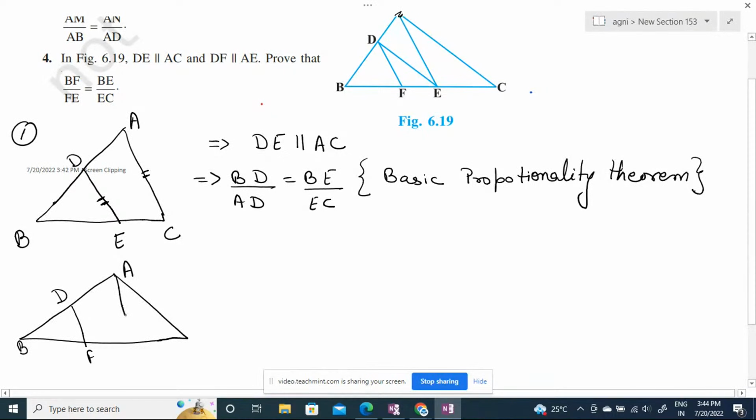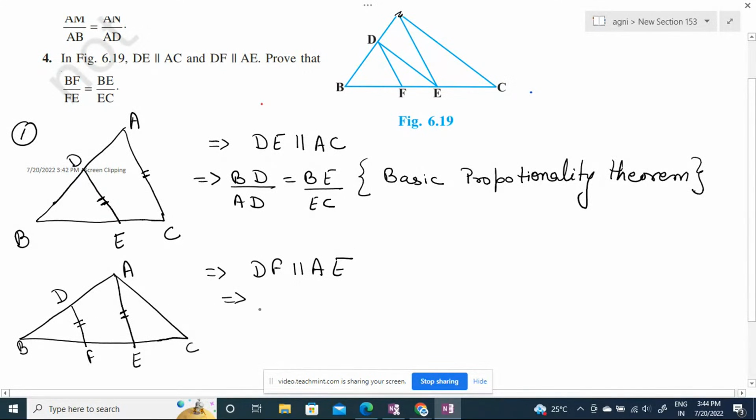We just draw AE. That is, DF is parallel to AE. So, here it is given DF is parallel to AE.